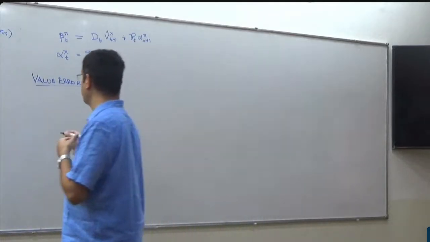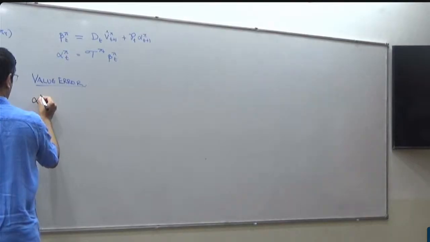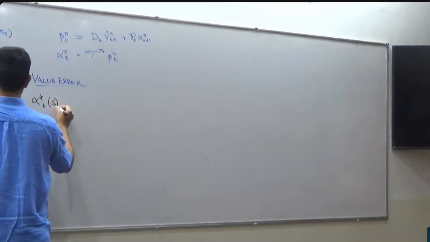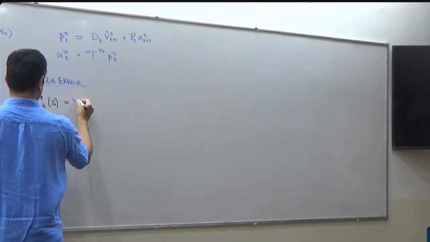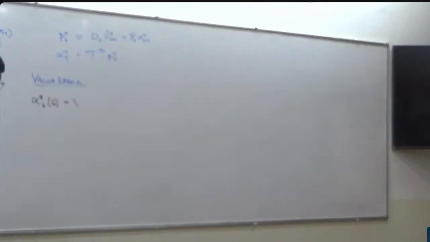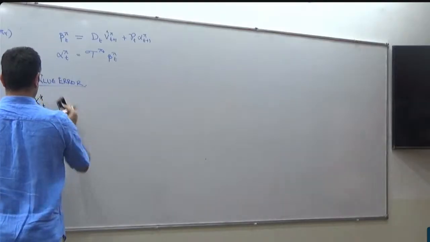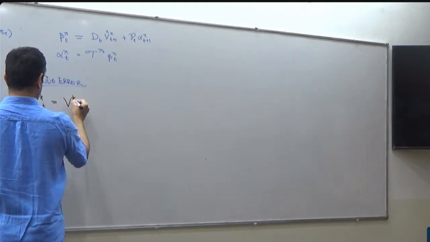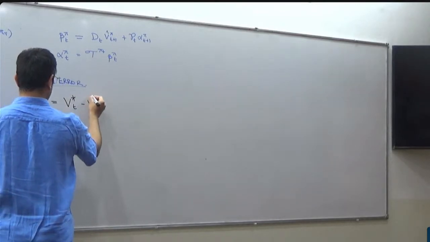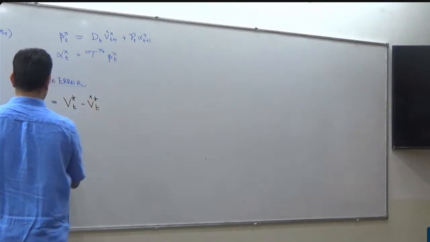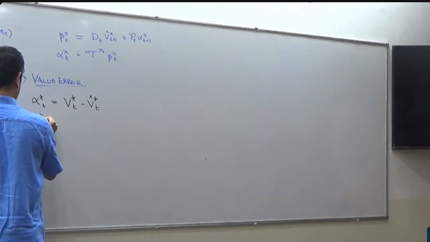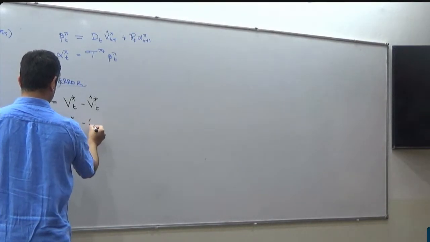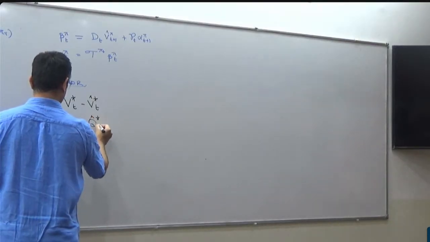So I'm going to now say alpha star t, let me just write it in vector form now that the notation is clear. Alpha star t is equal to v star t minus v hat star t, and beta star t is q star t minus q hat star t.